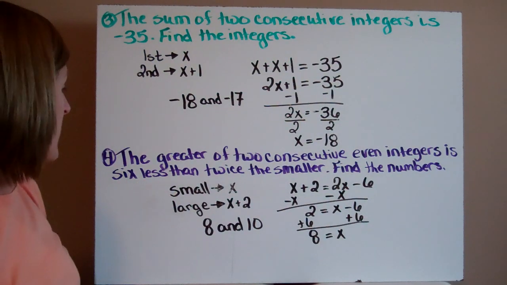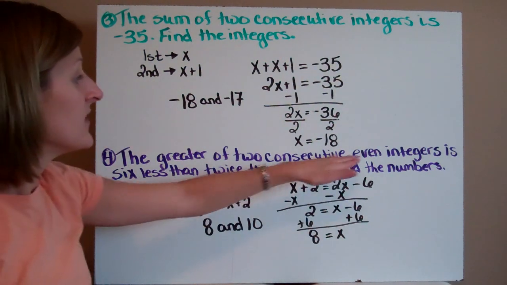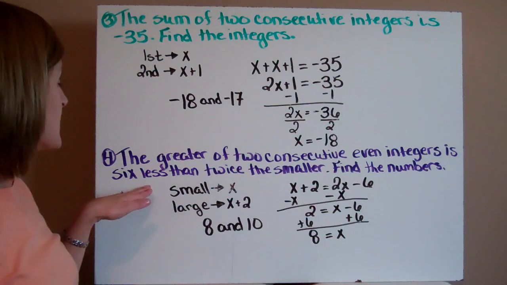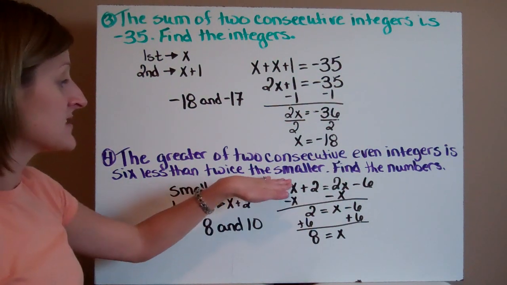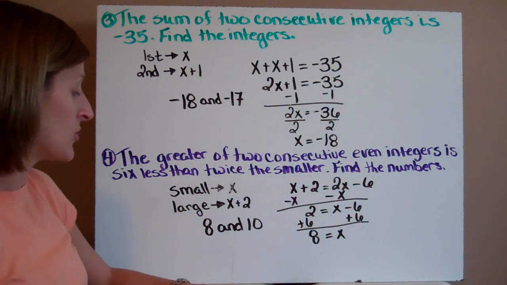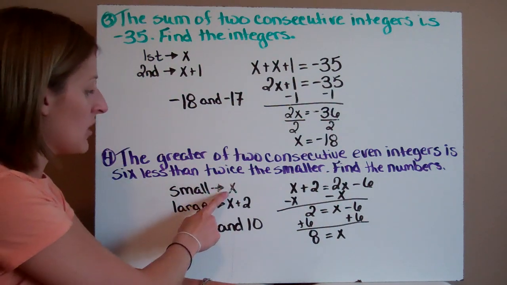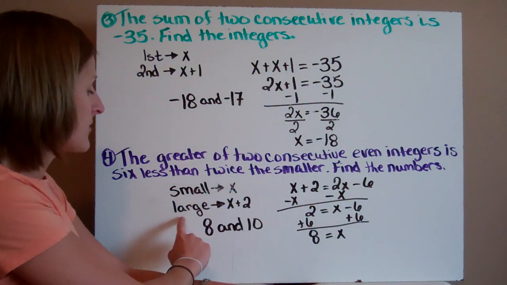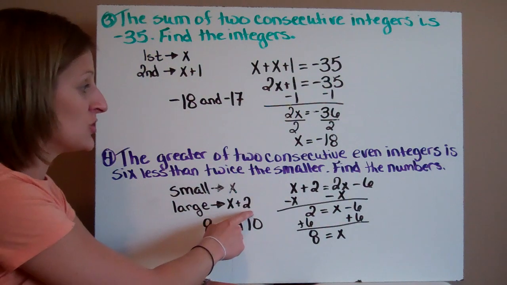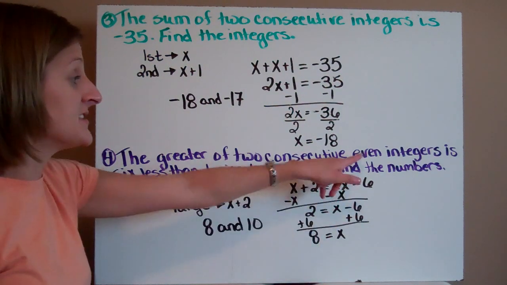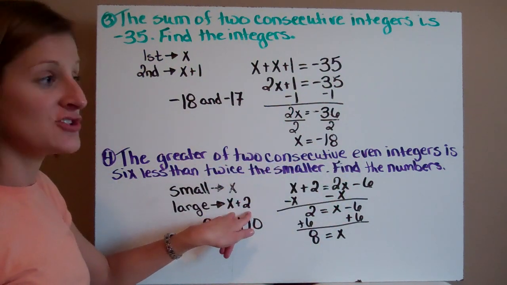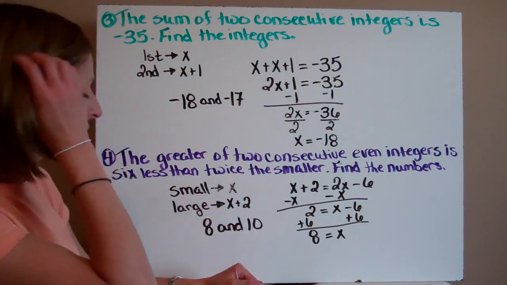Now this fourth one: the greater of 2 consecutive even integers is 6 less than twice the smaller. And it wants us to find the numbers. Okay, if I let my smaller number be x, and my larger number be x plus 2 because it's consecutive and even, so I need to add 2 to my previous one.